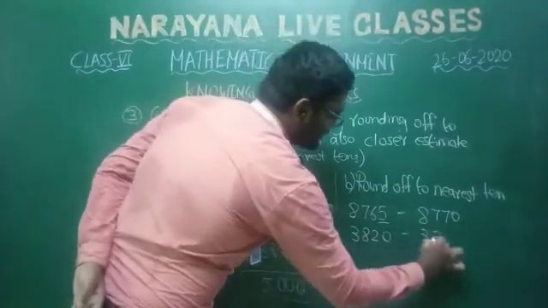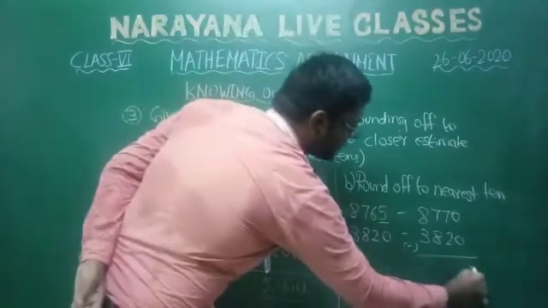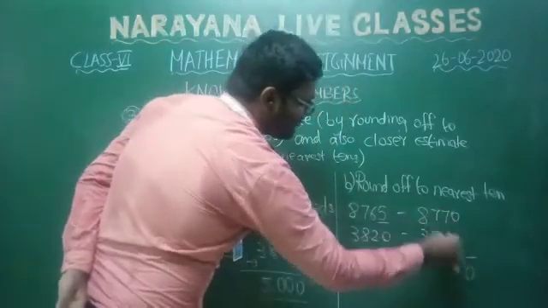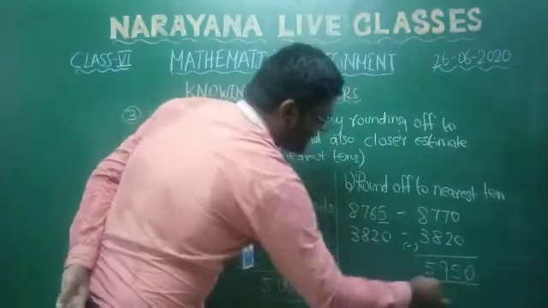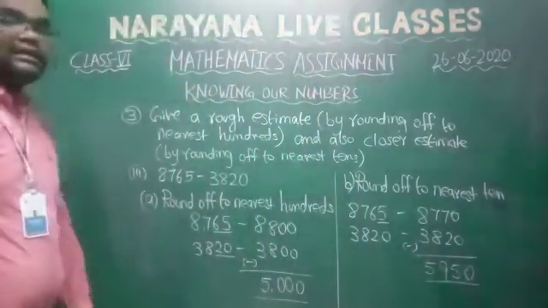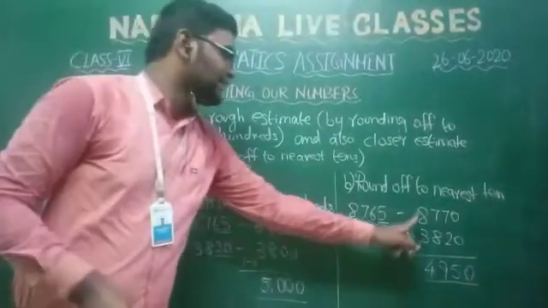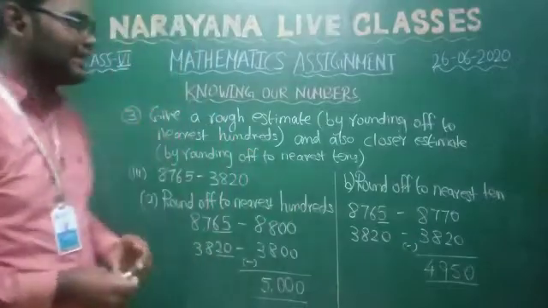So 3,820. If you subtract, 0, 5, 7 minus 2, 5. 70 minus 8 it is 9, 7 minus 3 it is 5, you will get 5,950. So here, after carry over, 7 minus 3 it is 4, it is 4,950.